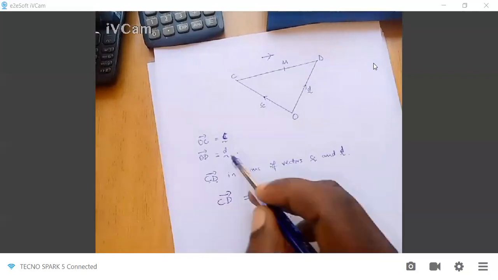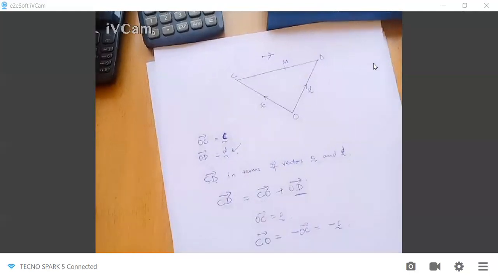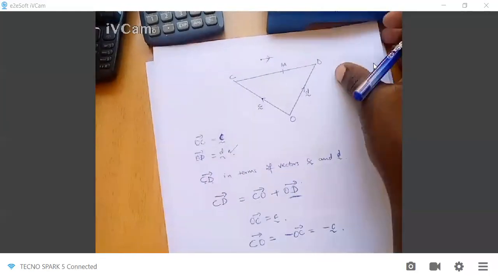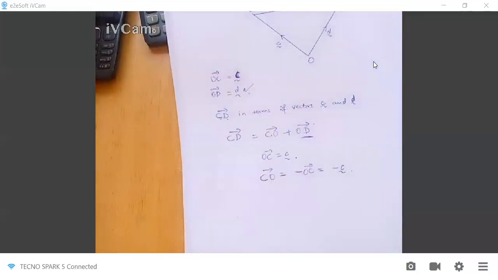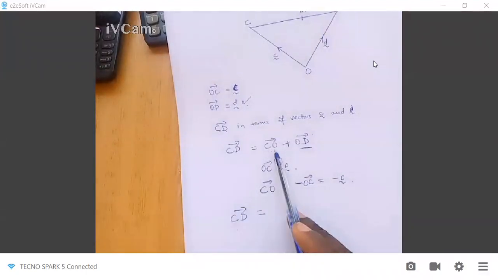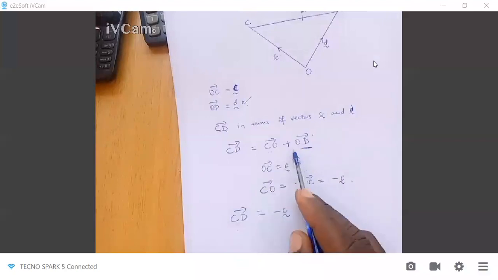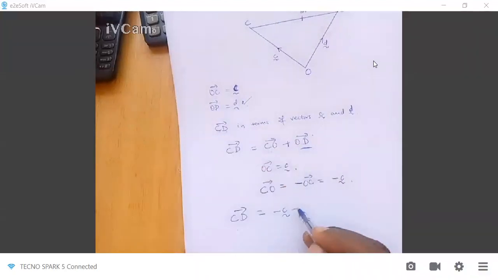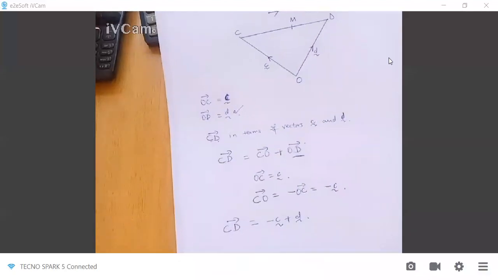Do I have OD? Yes, OD was there, and my OD is d. So CD will be equal to CO, which is negative c, plus OD, which is d.